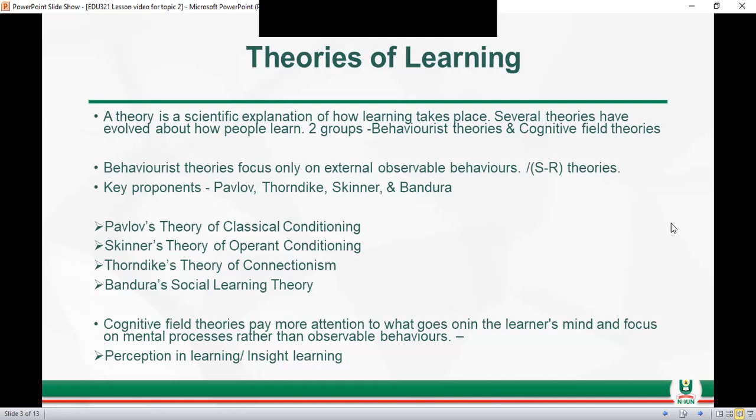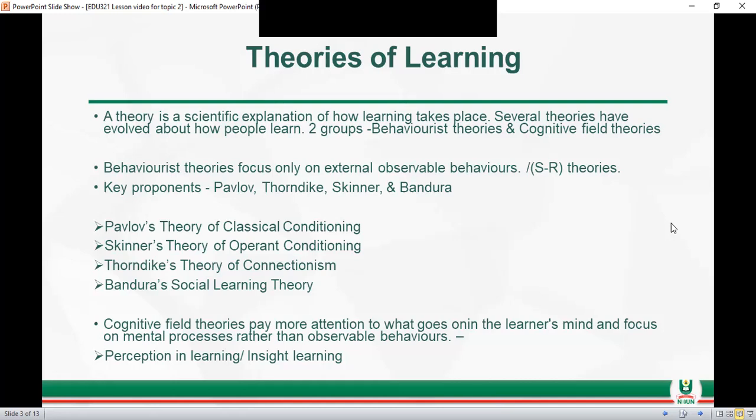Skinner's theory is known as the theory of operant conditioning. Thorndike's theory is known as the theory of connectionism. And Bandura's theory is known as the social learning theory. These four personalities belong to the camp of the behaviorist theory.